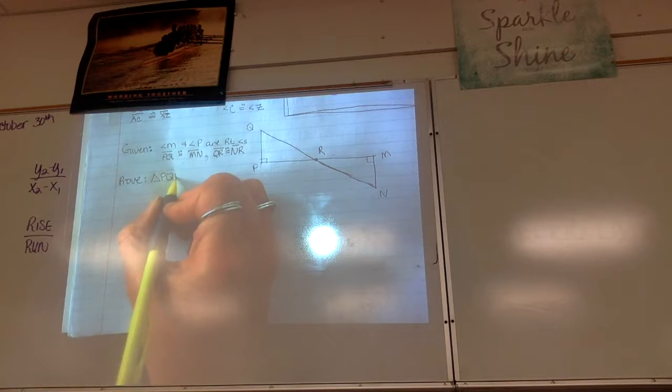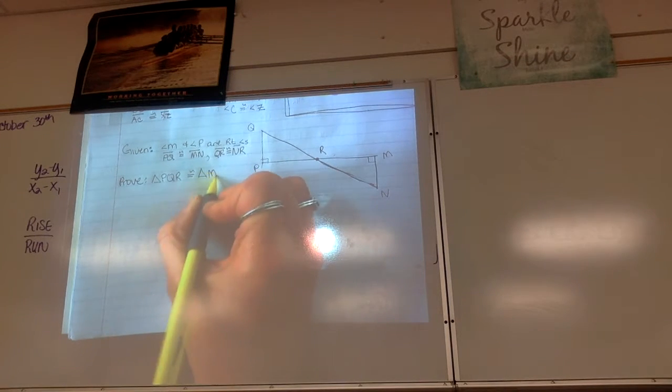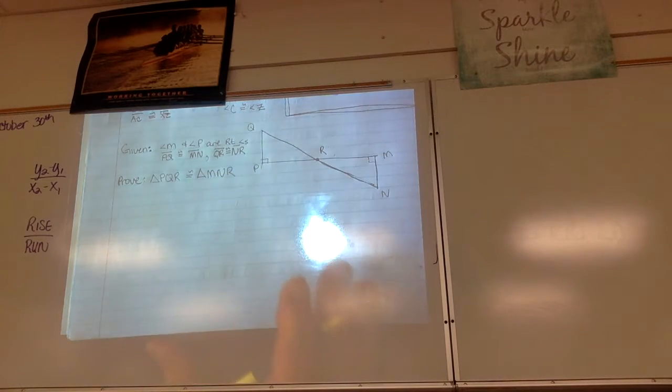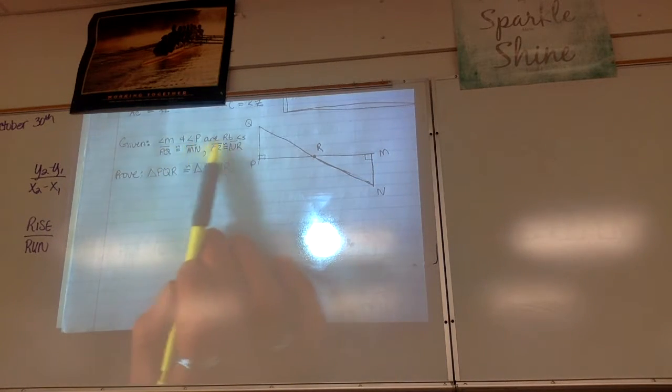Prove: triangle PQR is congruent to triangle MNR. Let me repeat this. Let me double check that my letters are right. M and P are right angles.